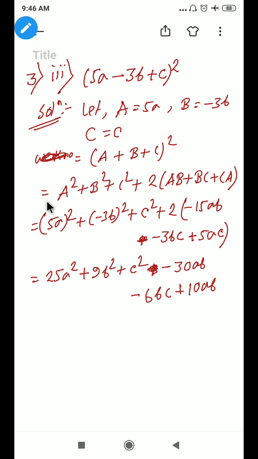And whenever you put the values of A, B, C right here, put in the values of A, B, C here. So this is your answer. Here it is 10CA, AC, because here it is AC. Thank you everyone.